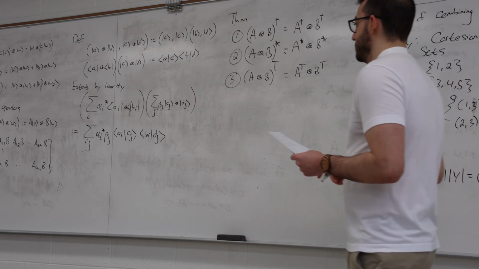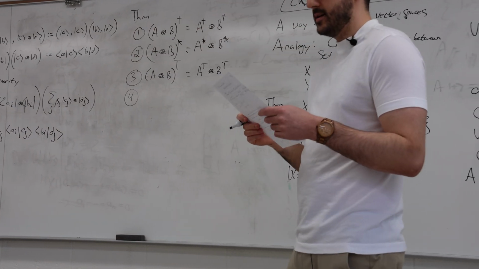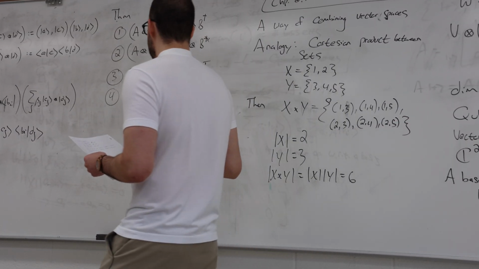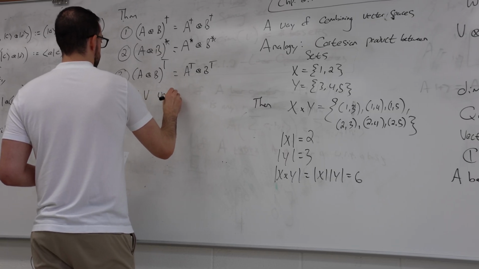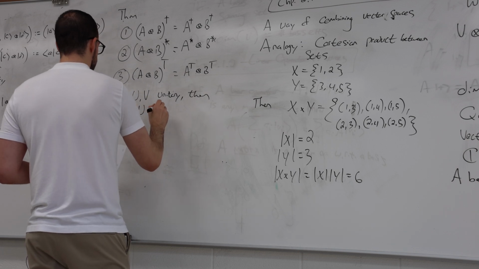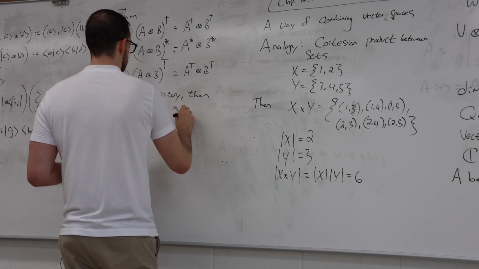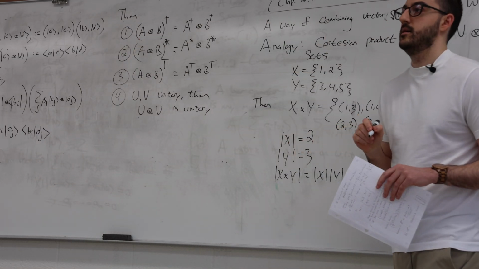And the last two, which if I recall, I may ask you to prove in a homework. If U and V are unitary matrices, then U tensor V is also unitary. Okay.